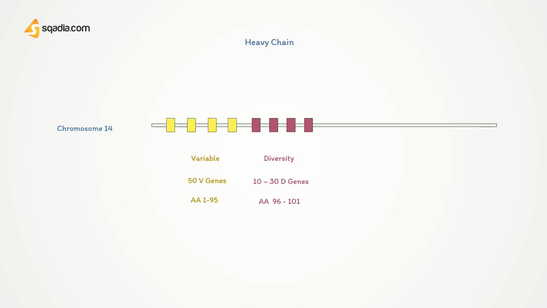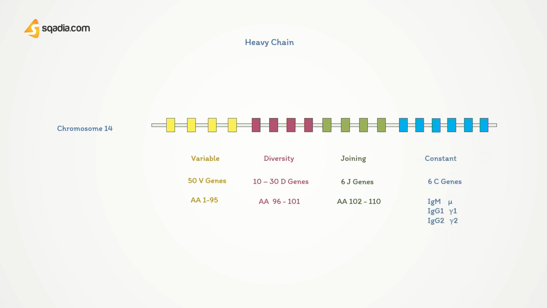Then we have the joining region, where 6 J genes code for amino acids 102 to 110. And finally, we have the constant region that is determined by 6 C genes: mu for IgM, gamma 1 for IgG1, and gamma 2 for IgG2, and so on.